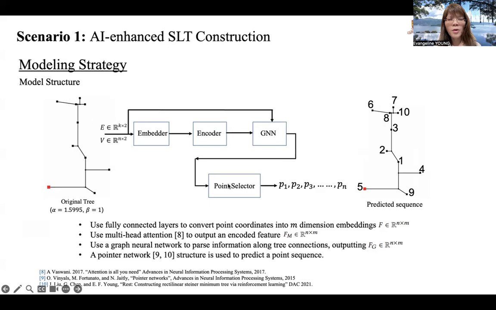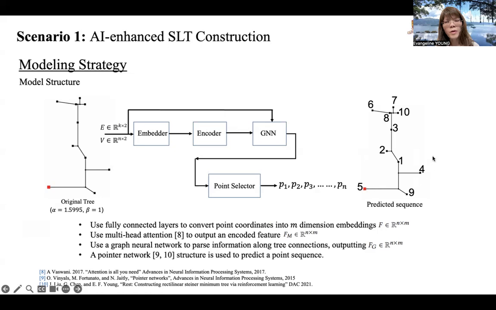This pointer network is the one we built for a previous work that constructs the RSMT. This pointer network will output a sequence of pins, and then we will construct the tree according to the pins. But here we are making use of this pointer network to also output a sequence of pins, but the output will help us to identify the critical set. So the rule is like this.